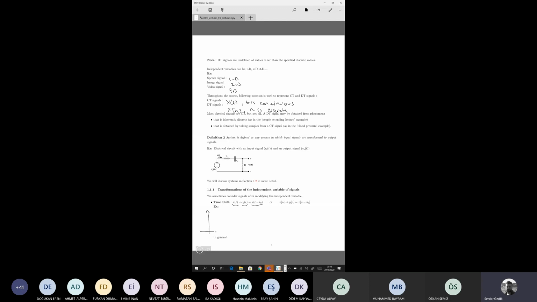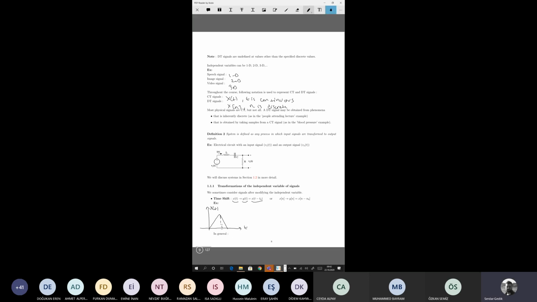Let's say I have this x of t, and let's say it is just such a signal. Let's assume this is my peak value. Then let's shift this signal by t0 amount.